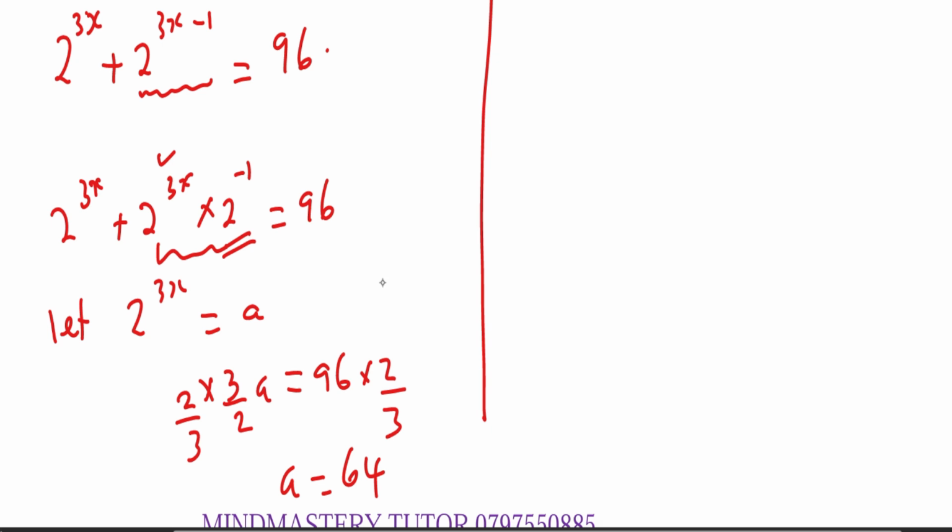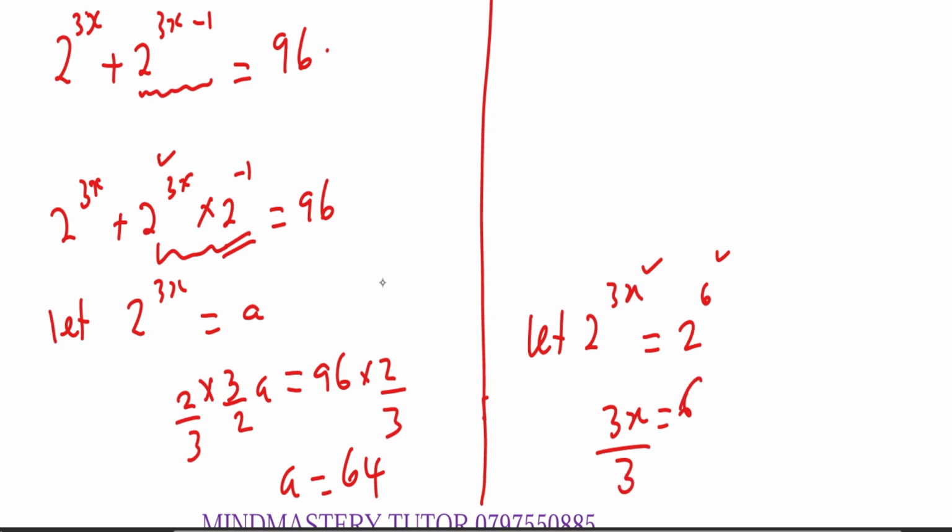We got A as 64, but we said let 2 to the power of 3x equal A, where A is now 64. 64 can be written as 2 to the power of maybe 4, 6. But let me just make sure. Yeah, 2 to the power of 6. Equate the powers. 3x equal to 6. Divide by 3. x is equal to 2. So yeah, that's your answer.